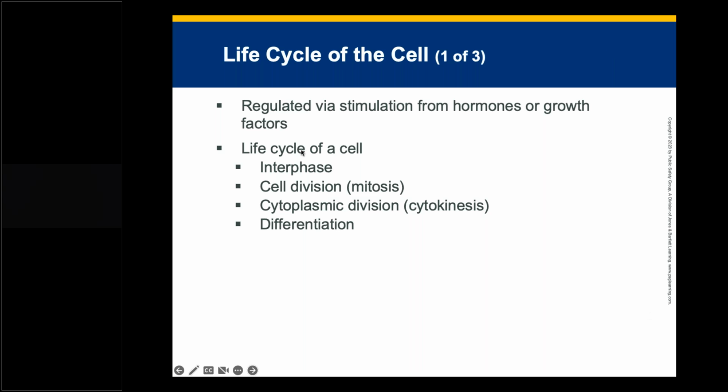All right, moving forward. The life cycle of the cell is regulated by stimulation from hormones and growth factors. Most human cells divide between 40 to 60 times before they die. The life cycle of the cell includes interphase, cell division, which is mitosis, cytoplasmic division, which is cytokinesis, and then differentiation.